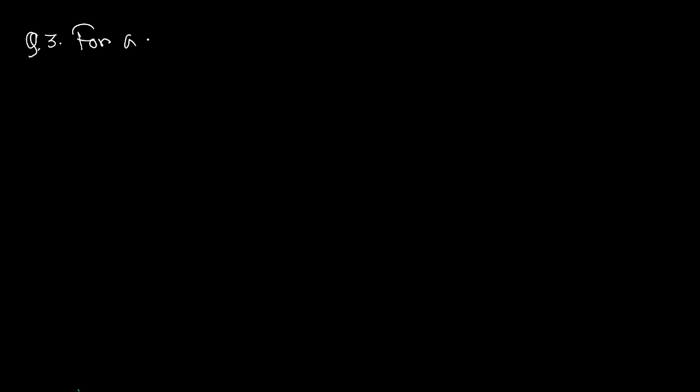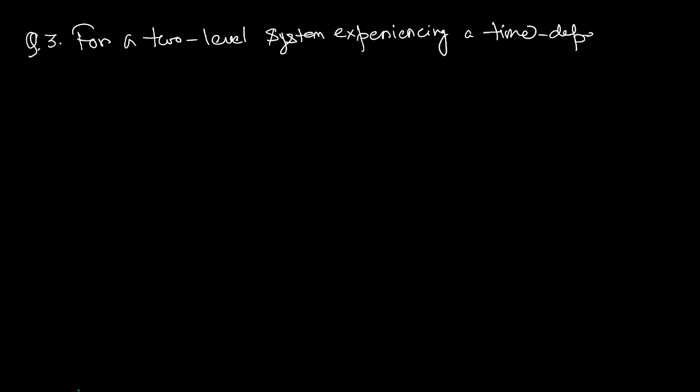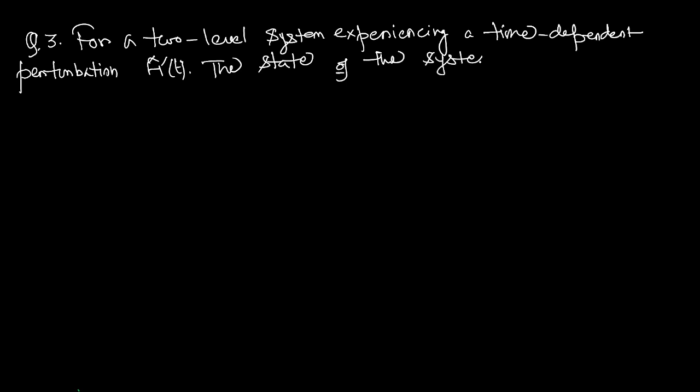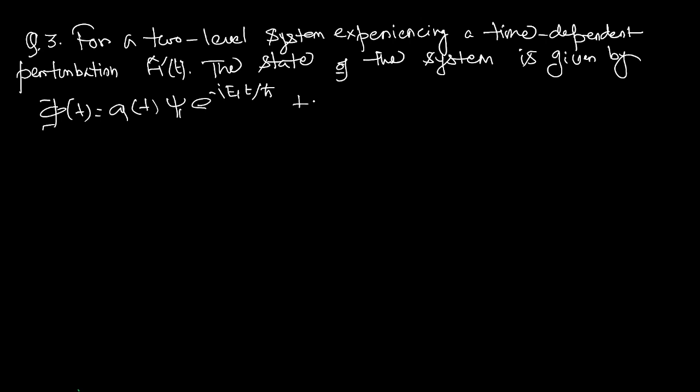For a two-level system experiencing a time-dependent perturbation HT, the state of the system is given by the linear combination of the two states, A1(t) psi 1 e^(-iE1t/h-cut) plus A2(t) psi 2 e^(-iE2t/h-cut).